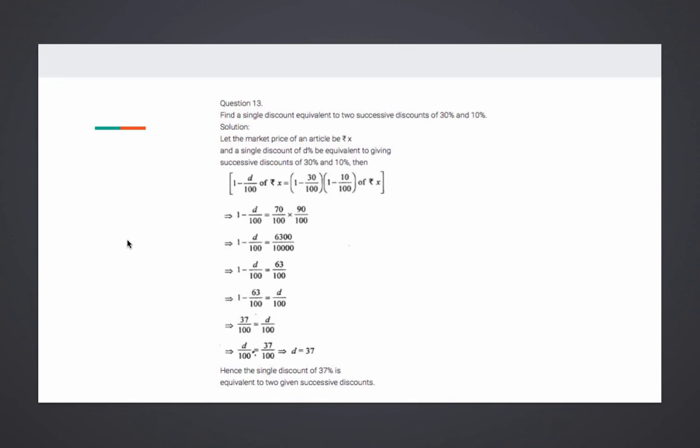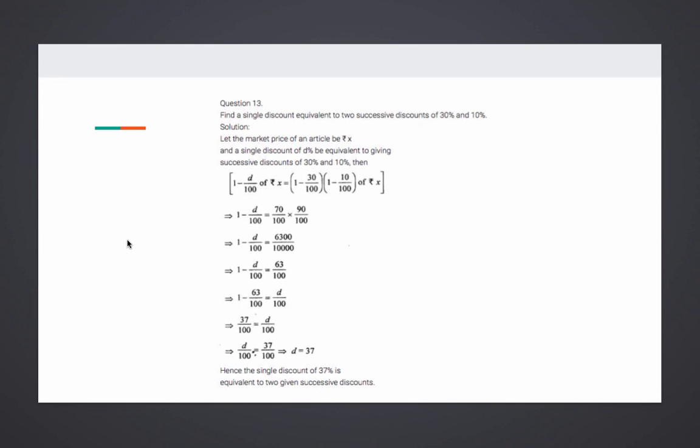An increase in one quantity causes an increase in another quantity, or a decrease in one quantity causes a decrease in another quantity. That means directly proportional. The more you study, the more your marks, right? Direct variation. Similarly, today in the class, we are just going to understand direct variation.